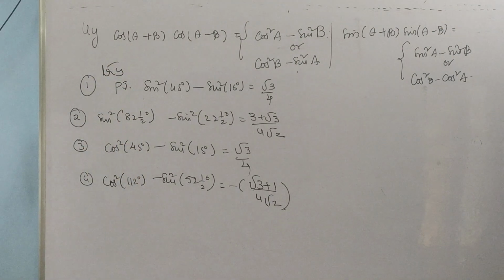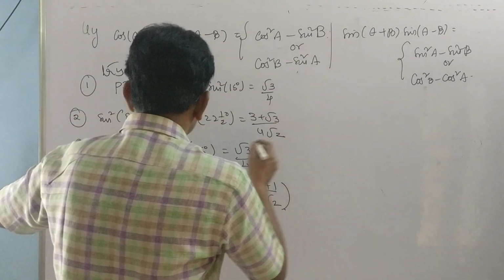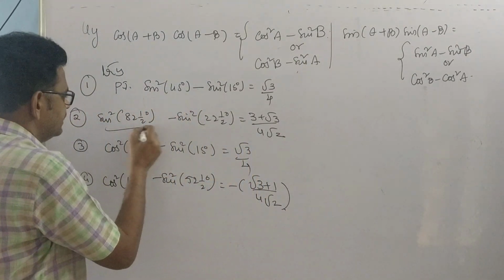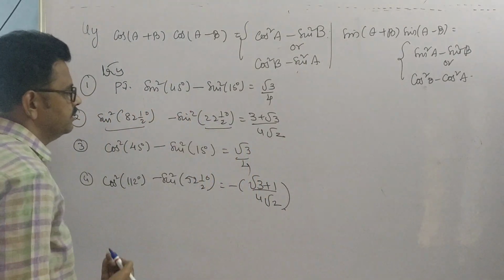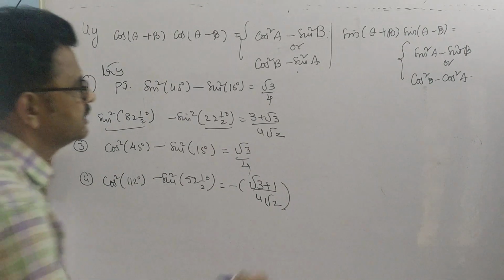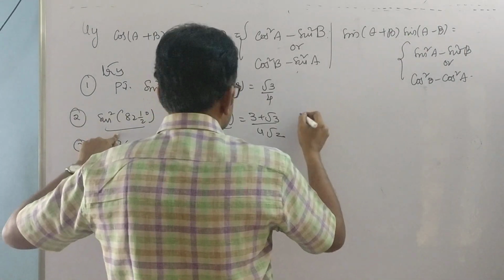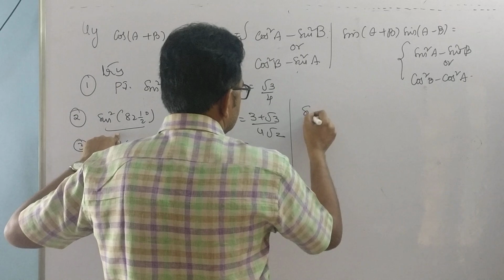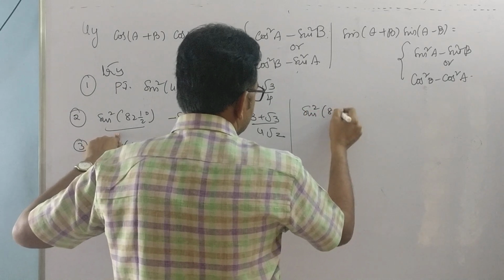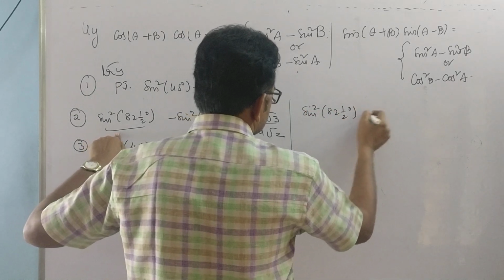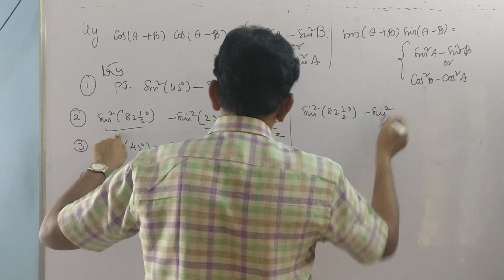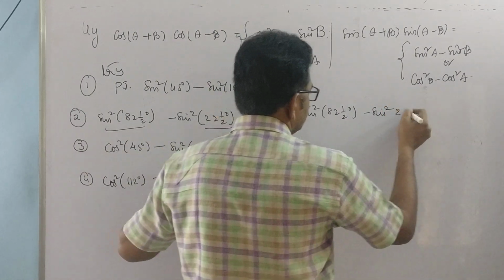What about the second one? Sin square a minus sin square b form. Second problem, see here. This is sin square 82.5 degrees minus sin square 22.5 degrees.